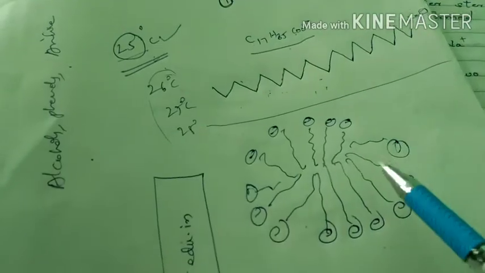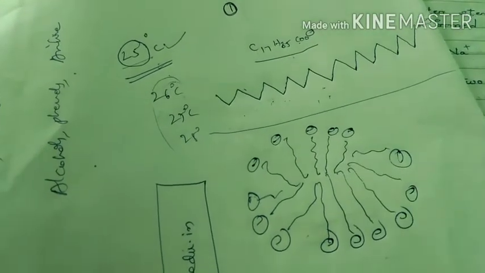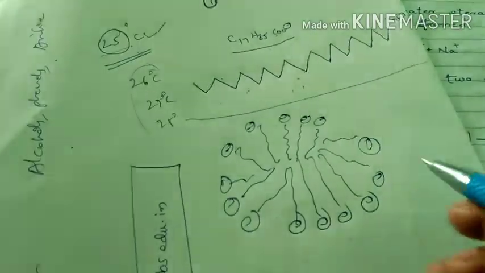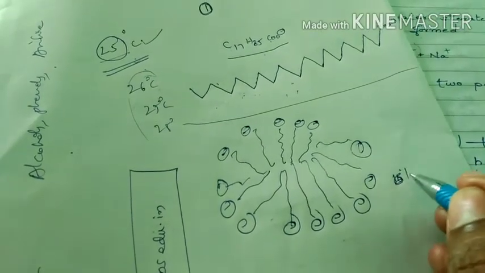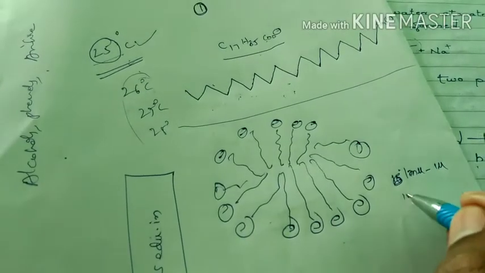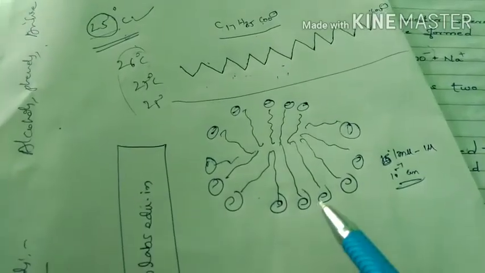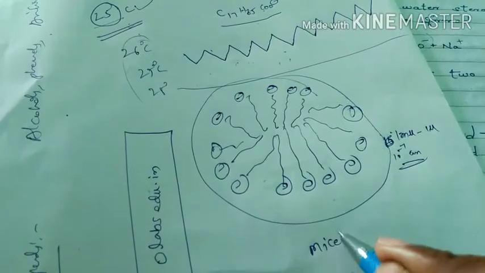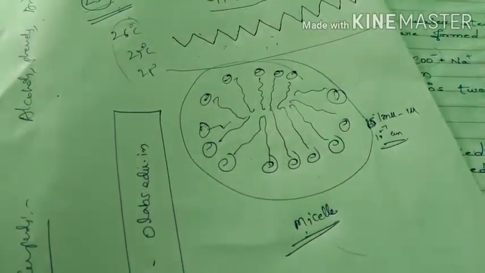When we apply water, all these ions aggregate and form a bigger molecule. Now the size of the particle should lie between 1 millimicron to 1 micron, that means 10 to the power of minus 7 centimeters. Then only this is called micelle. This is the reason behind micelle.